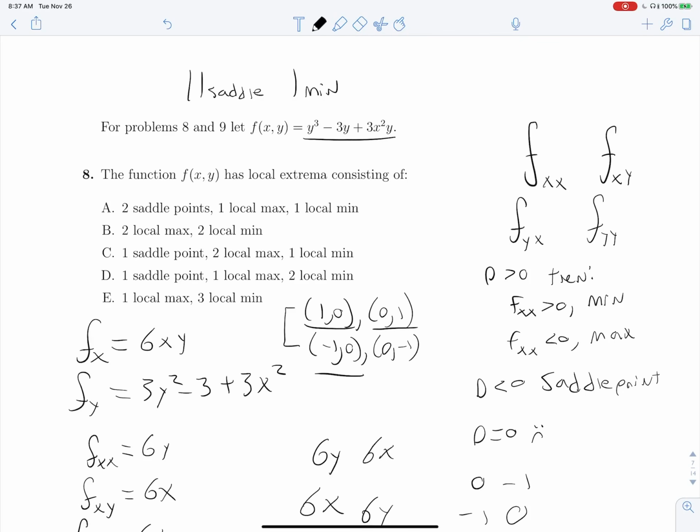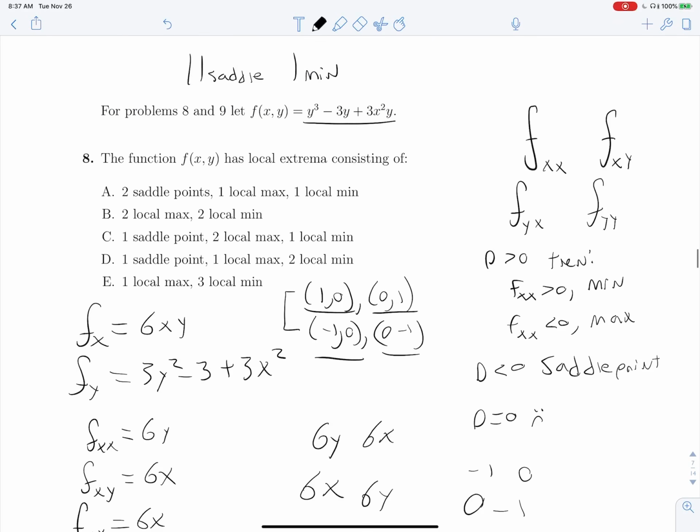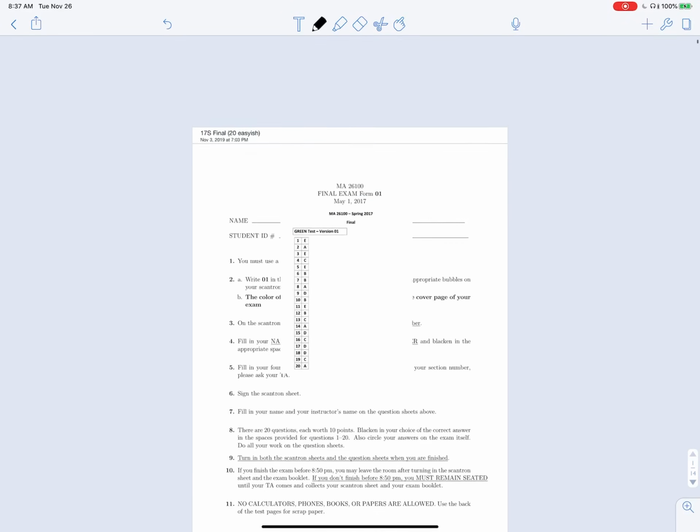So we got another saddle, and then finally, this last point, (0, -1), will give us -1, -1, 0, 0. Our discriminant is positive, it's 1, and fxx is less than 0, so we have a max. So 2 saddle, 1 min, 1 max, and we're done.